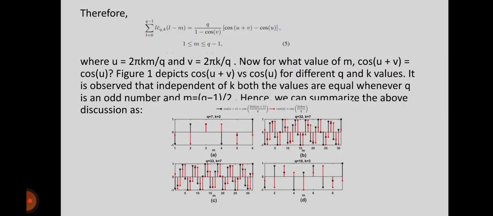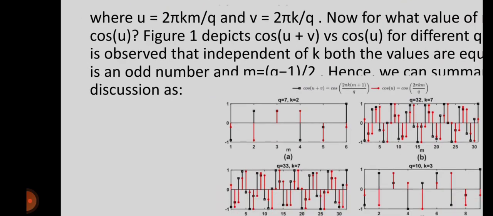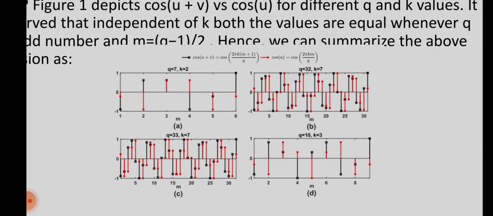Hence we can summarize the above discussion in these diagrams. Here the black line indicates cos u plus v, which is equal to cos of 2 pi k times m plus 1 by q, and the red lines are the impulse responses of cos u, which is equal to cos of 2 pi km by q.